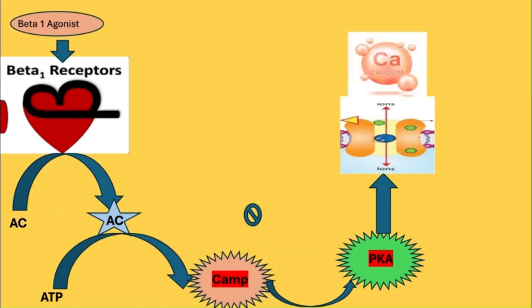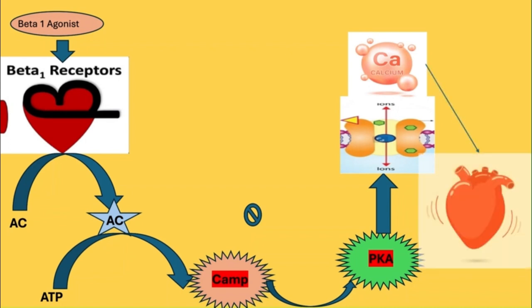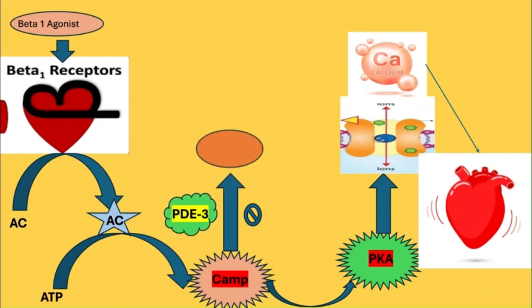And whenever an impulse reaches the cardiac muscle, it produces an increased force of contractility, which is very good for the heart. However, unfortunately, cyclic AMP can be metabolized to AMP through the PDE3, phosphodiesterase 3 enzyme, which is selective for the cardiac muscle.